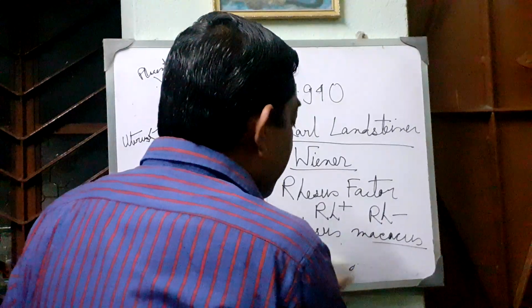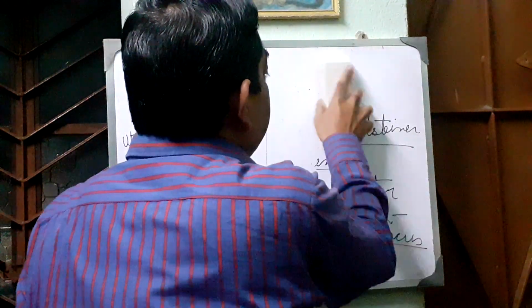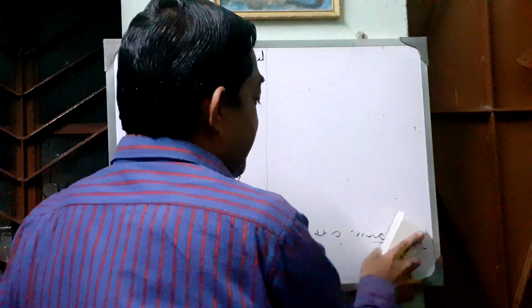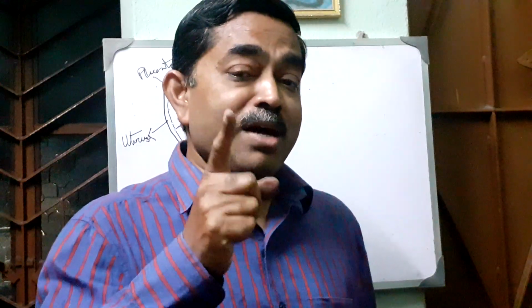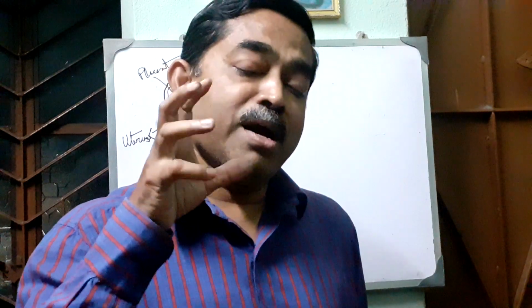So this is the simple way, not as critical as the AB antigen, but it is the same thing. So we have to be careful during the transfusion of blood, whether it is AB or O. At the same time, we have to be careful whether the blood group is A positive or A negative, meaning the rhesus factor is what we have to identify.